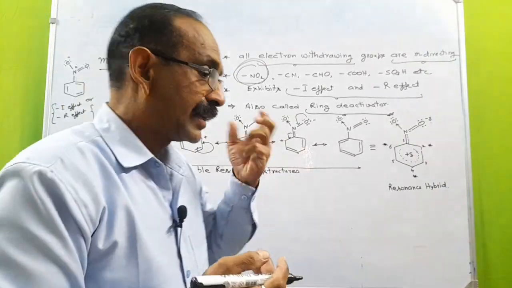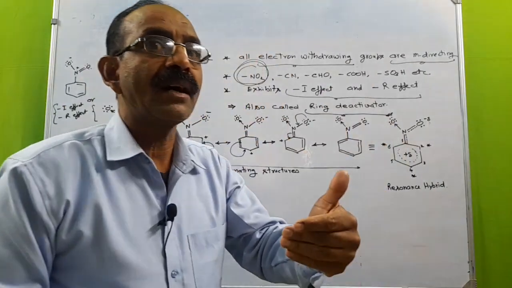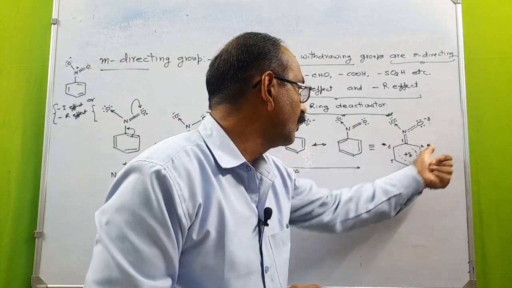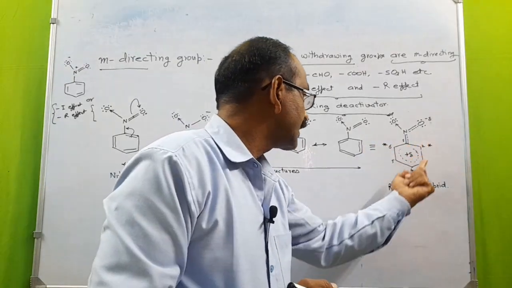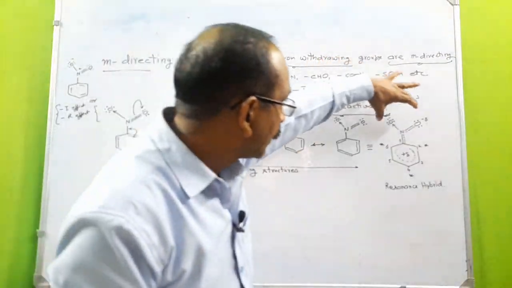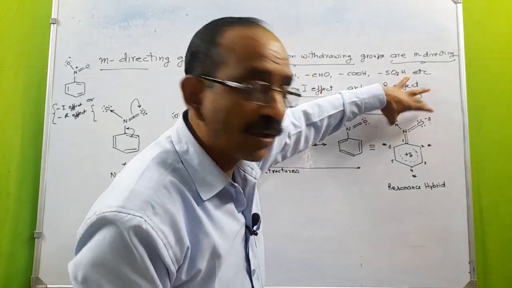So therefore, the electrophile, which itself is an electron deficient species, is not going to attack at 2, 4 and 6. Means these 2, 4, 6 sites become electron deficient due to the minus I and minus R effect of the NO2 group.